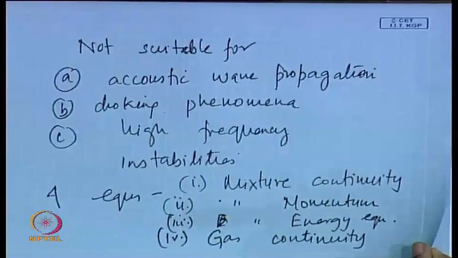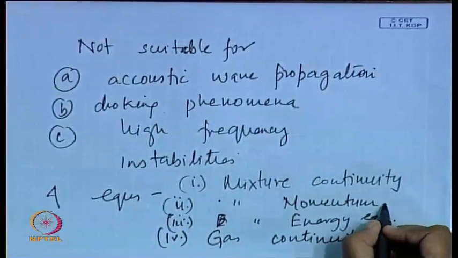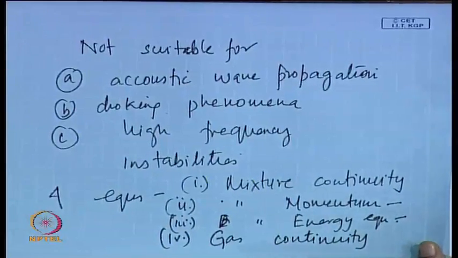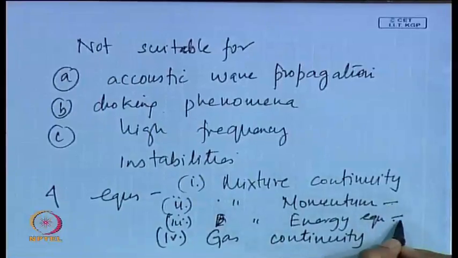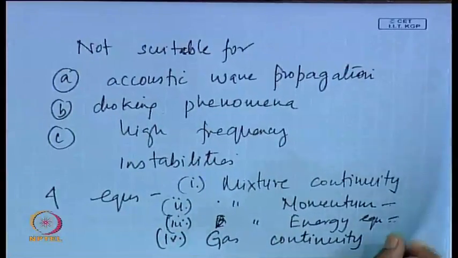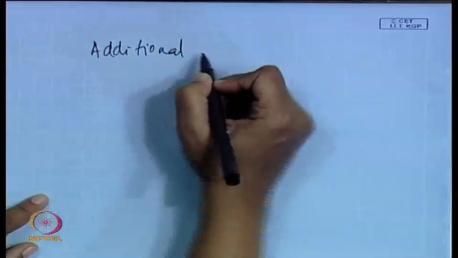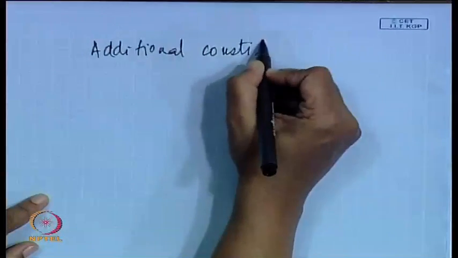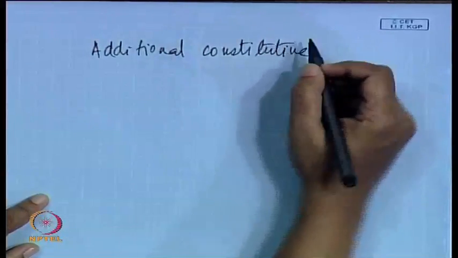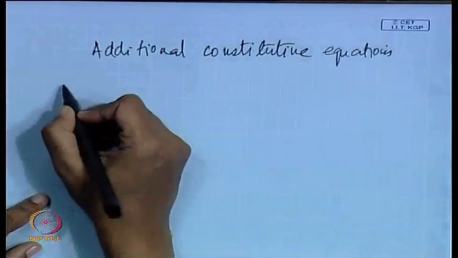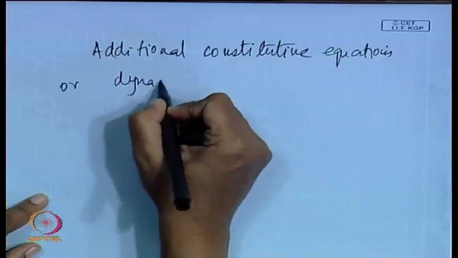And what are the equations that we have eliminated? We have eliminated one momentum equation and one energy equation in this particular case. And since we have eliminated 2 equations, what we need to do is substitute these with additional constitutive equations or dynamic interaction relationships.